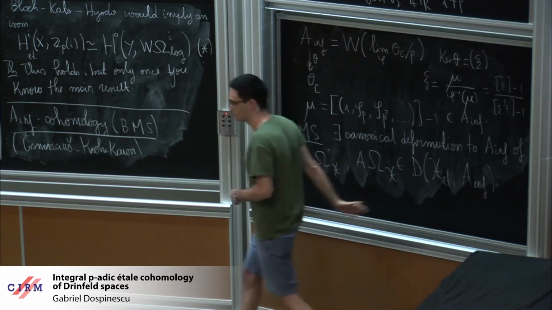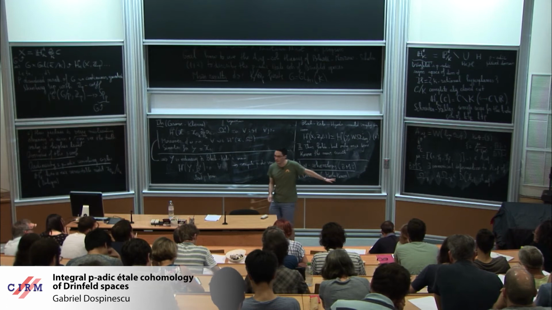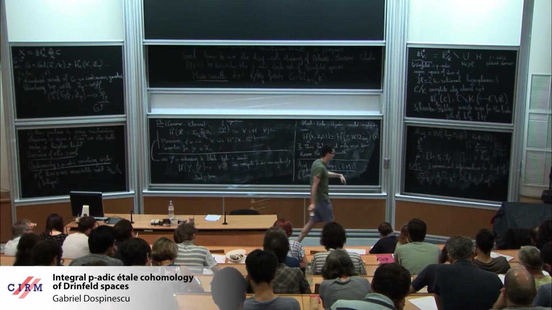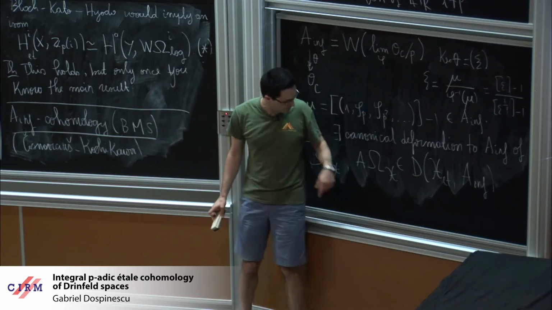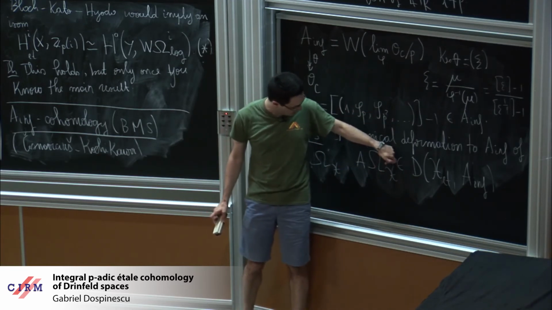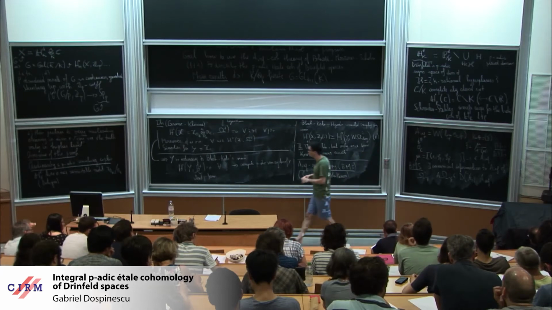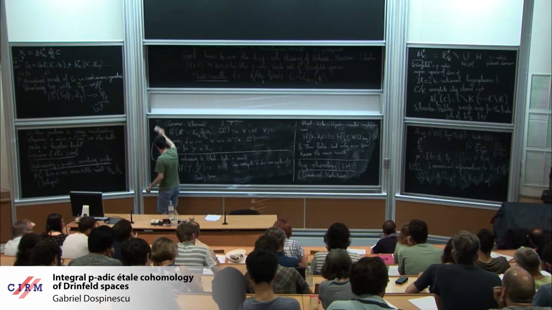Of course, this has nothing to do with our special setup. This works for any semi-stable p-adic formal scheme over O_C, and X is just the corresponding analytification of that formal scheme. But I will only use it in our setup.